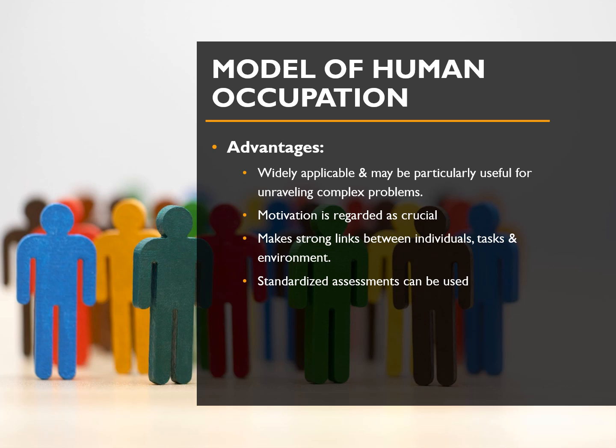So why a model of human occupation? Why do we think that this one is the best? Well, it is widely applicable and maybe particularly useful for unraveling complex problems. And I have to agree with that. Because it has a large breakdown to it, you can find the problem within it more easily.